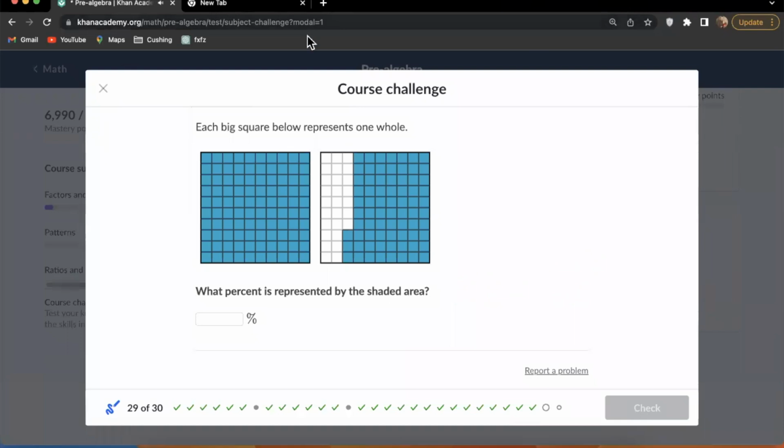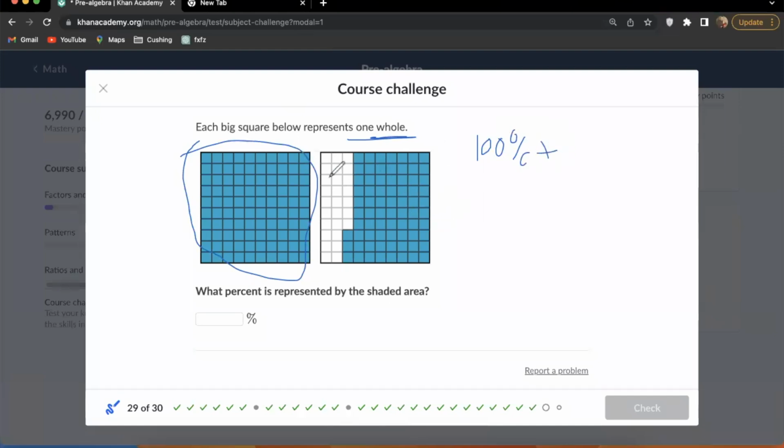All right, this says, what percent is represented by the shaded area? So I think it's important to know that each big square below represents one whole. So this blue is 100%. So this represents 100% plus whatever percent of 100 this is.